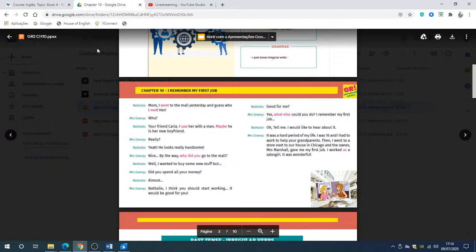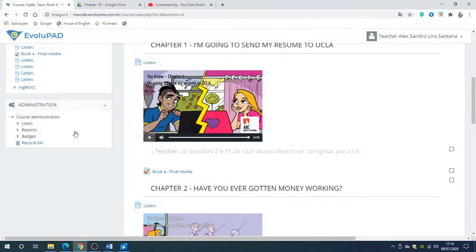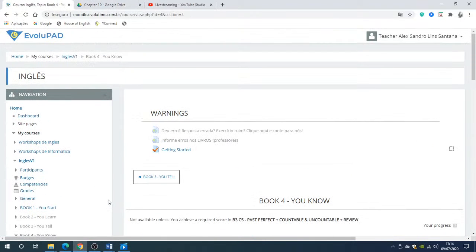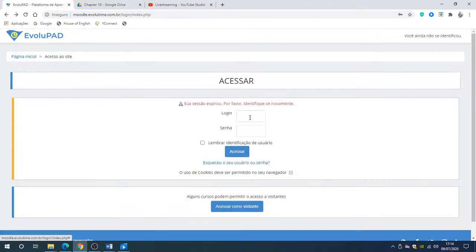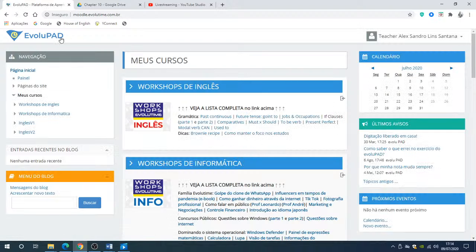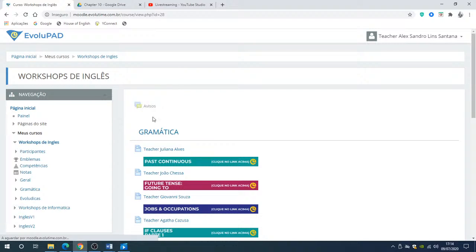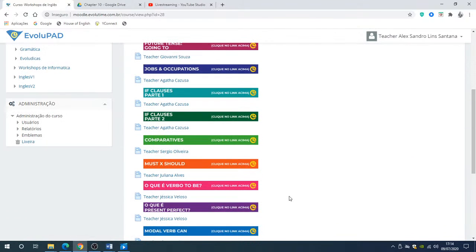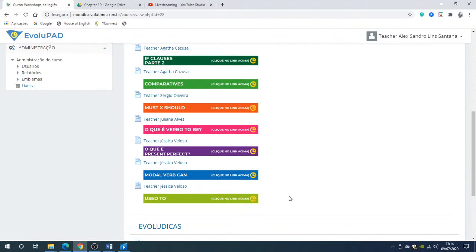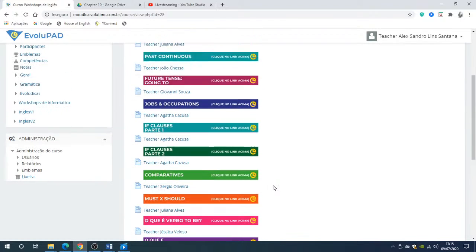Eu tenho uma outra professora explicando a mesma coisa, que talvez possa contribuir. Eu acho que eu não tenho.